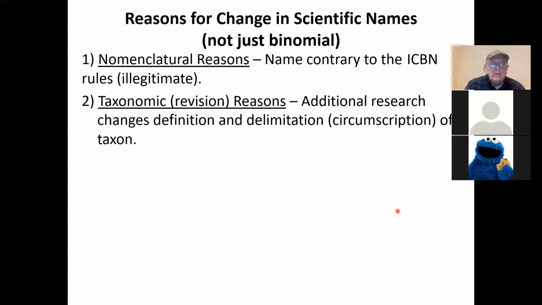Here's what happened to me in my thesis, nomenclatural reasons for change. I found a moss that had been described in August of 1845, and in the process of studying this group of plants, I found that the same plant had been described in March of 1845.